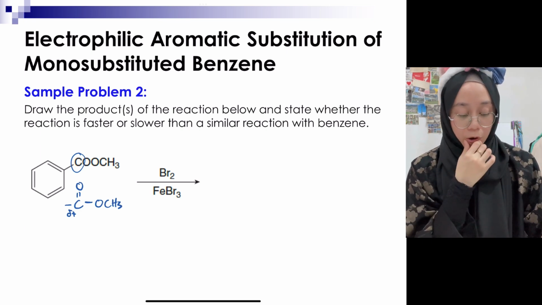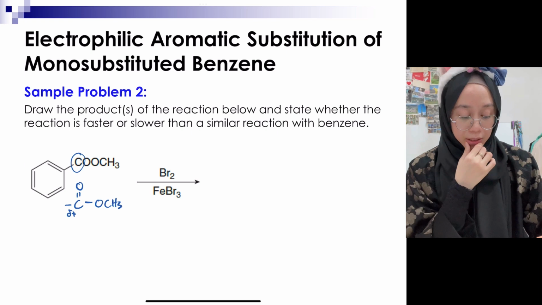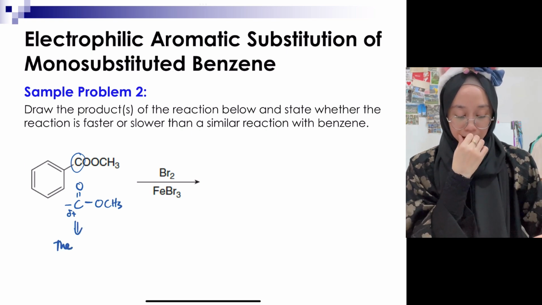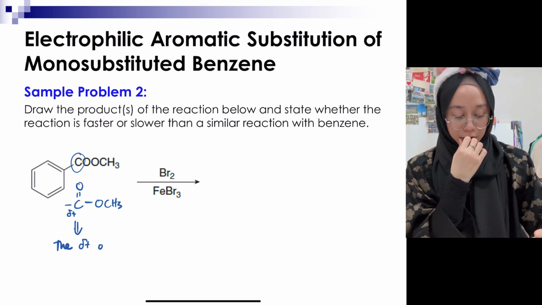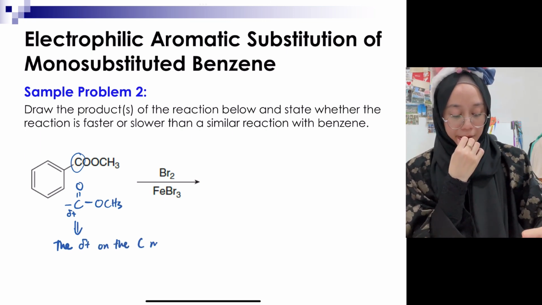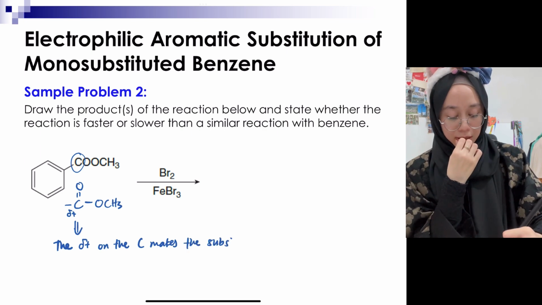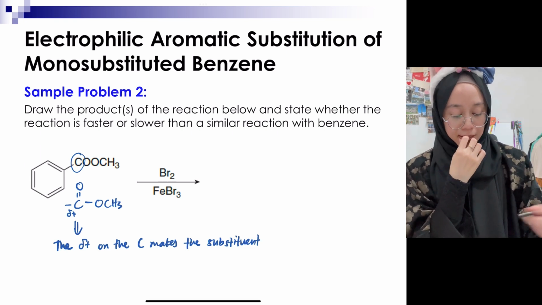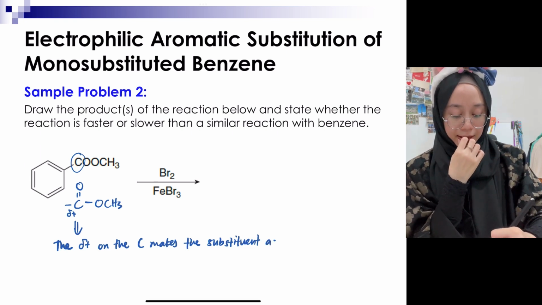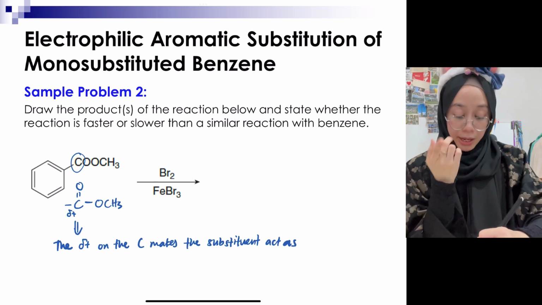Okay, so since dia pegang the partially positive charge on it, the partial positive on the C makes the substituent act as meta director.